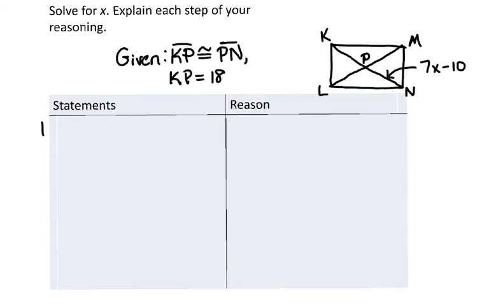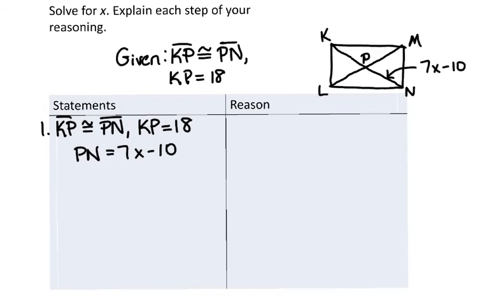Let's start with our first statement, which is our given information. KP is congruent to PN, and KP is equal to 18, and PN is equal to 7x minus 10. All of that is our given information.